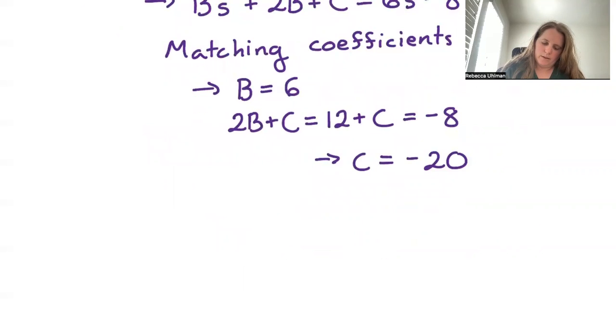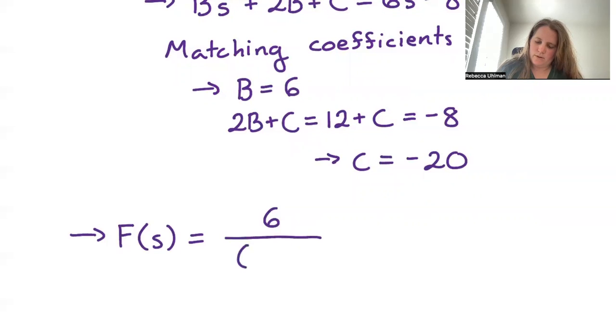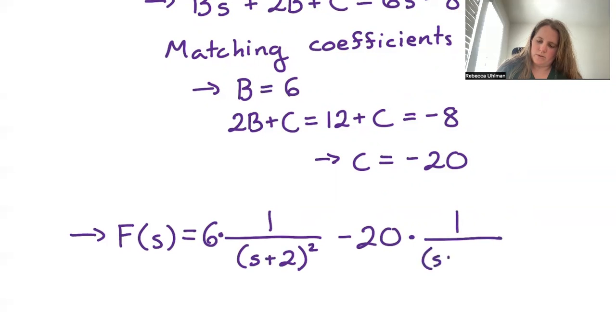So we wind up with our F of s is equal to 6 over s plus 2 squared, or 6 times 1 over s plus 2 squared, and then we have minus 20 times 1 over s plus 2 cubed.